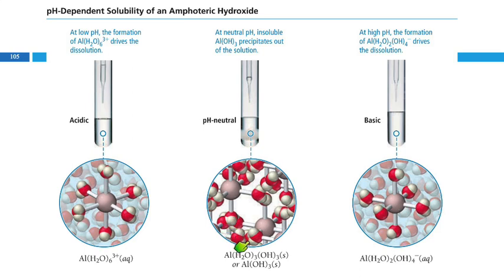That looks like a mess. Anyway, over here in a basic solution, now see what's happening here, this one compared to over here. Here, these are all water molecules, and here, some of these have lost their hydrogens, right? And so that makes this into an ion again, and it's going to be soluble.